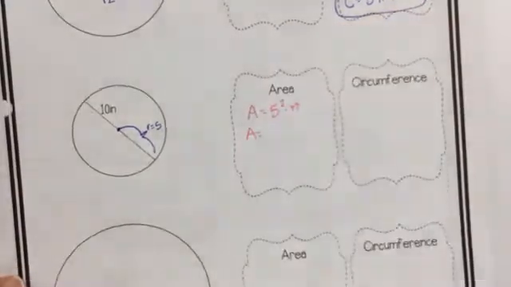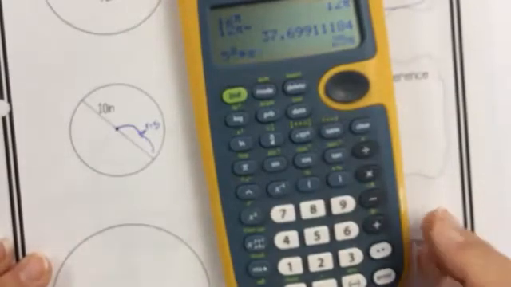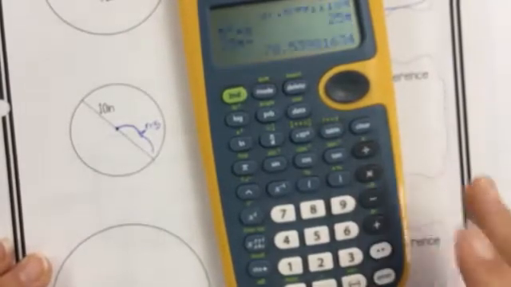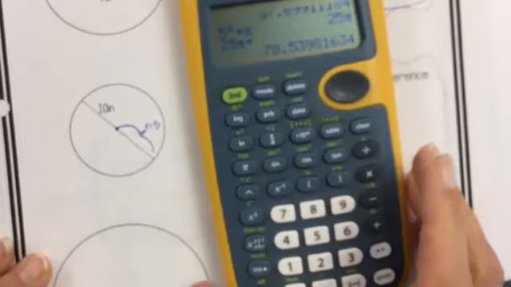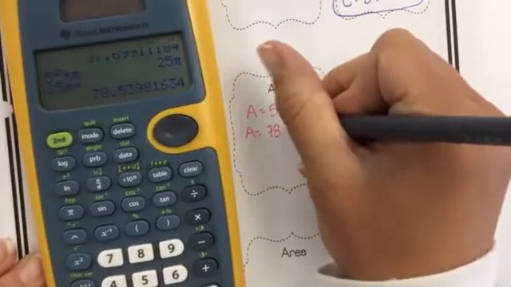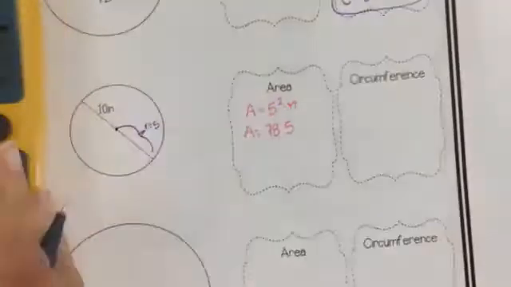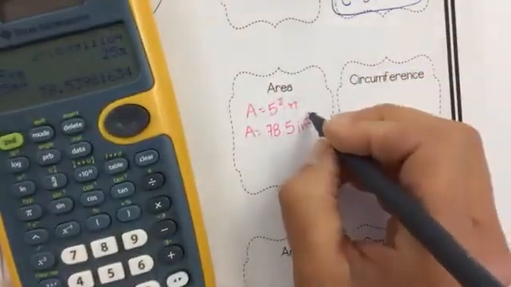If I did 5 squared times pi, I get 25 pi. And then it changes to 78.5. The 5 does not go up because it was a 3 after the 5, and we're dealing with inches this time.